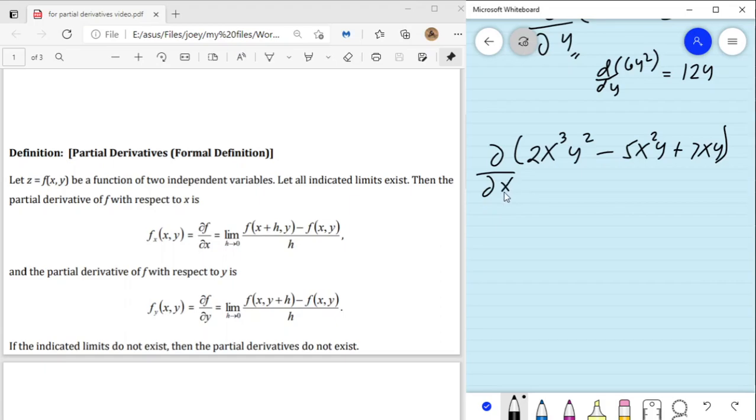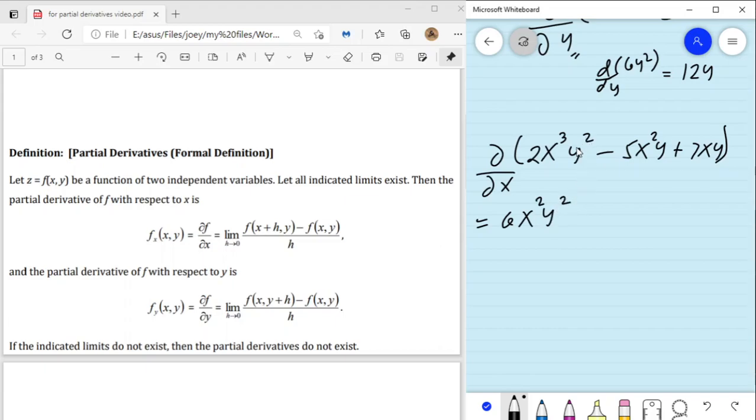Okay, so there is a theorem that the derivative of a sum or difference is the same as the sum or difference of the derivatives. Meaning, if we are to find the derivative of this expression, we derive each term one by one. Here, since we are deriving with respect to x, y will be held constant. So the derivative of the first term will be 6x squared y squared.